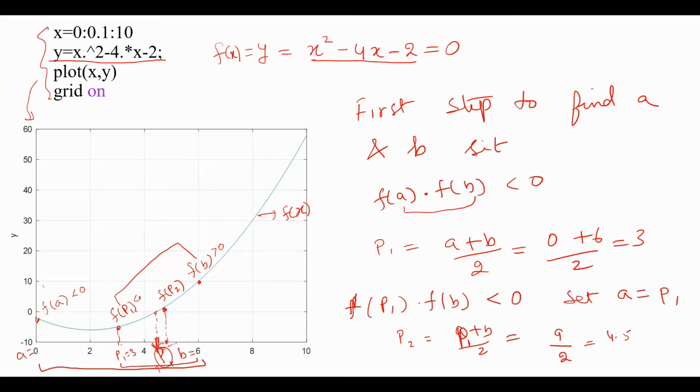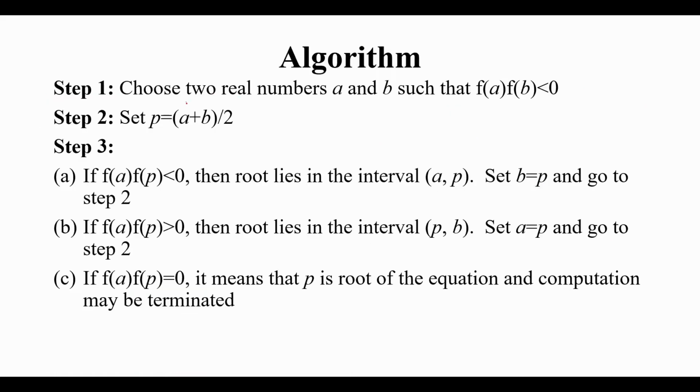So we will do this programming in MATLAB, like implement the bisection method in MATLAB. Before that, let's see the algorithm. We choose two real numbers a and b such that f of a into f of b is less than 0. Obviously you know the reason, that if it is less than 0, the root will lie between a and b.